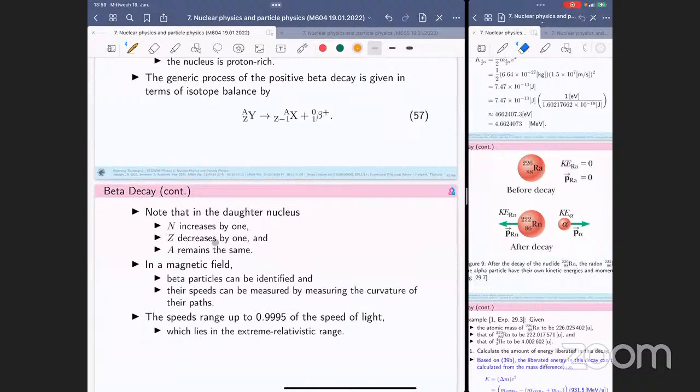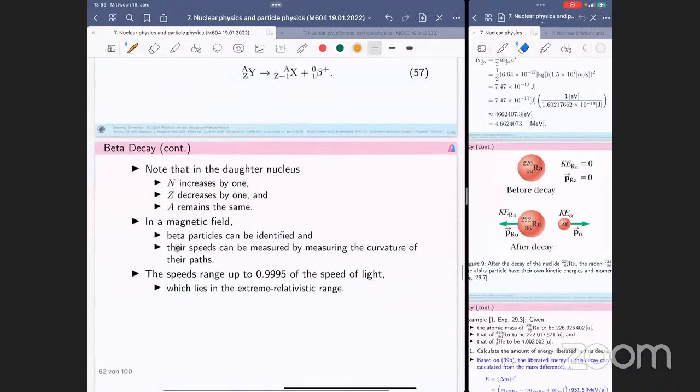The number of protons decreases by 1 because one proton has to dedicate itself to become a neutron, so one proton is missing, Z minus 1 here. Even so, the proton and neutron stay inside the nucleus, so A remains the same. The number of nucleons remains the same for that element. But once the number of protons changes, we have to write down the next symbol for that element.